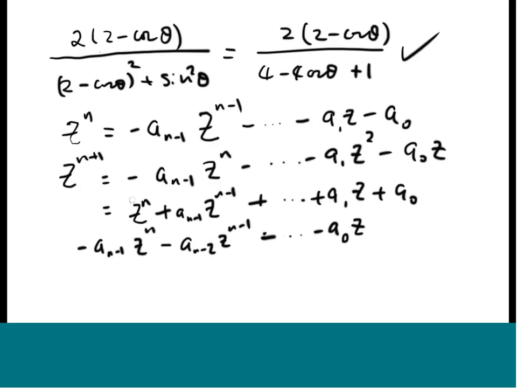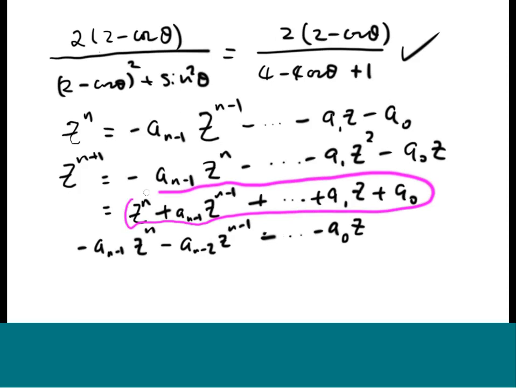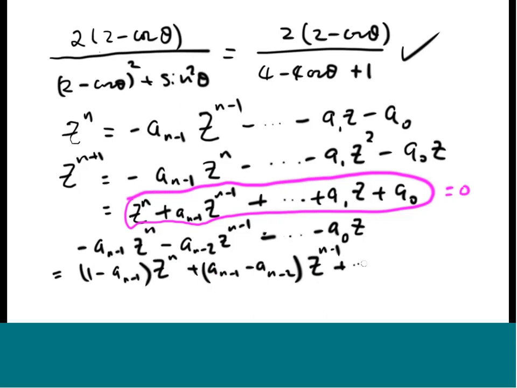Essentially, this is just 0. Right? So we continue with the equal, then we have (1 minus a_{n-1}) z^n plus (a_{n-1} minus a_{n-2}) z^{n-1} plus (a_1 minus a_0) z plus a_0.